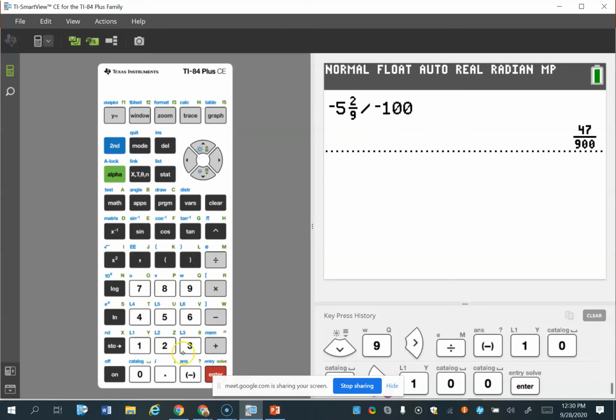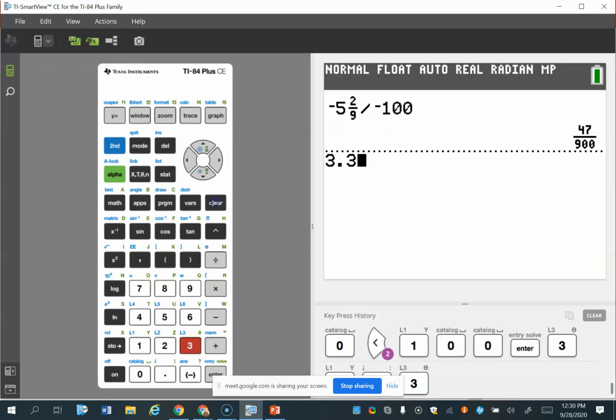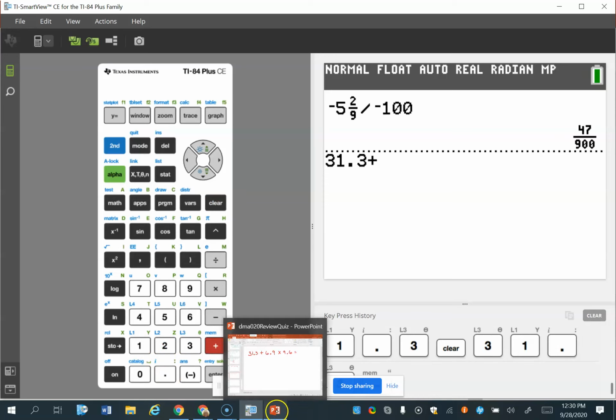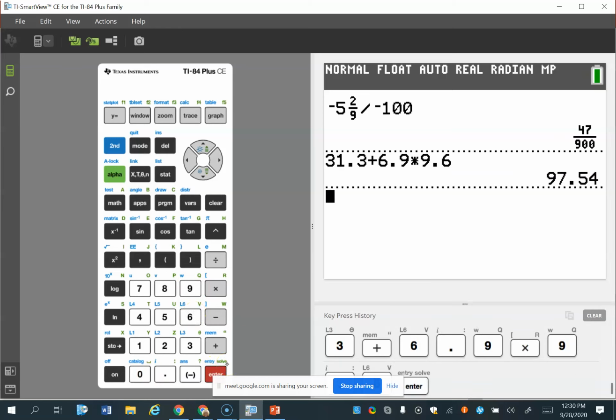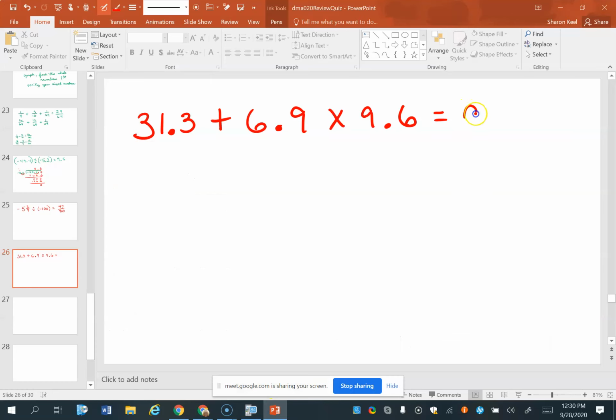So we have 31 3/10 plus 6.9 times 9.6. The calculator itself knows what to do first. It does the multiplication, then adds the 31.3, and we get 97 and 54 hundredths.